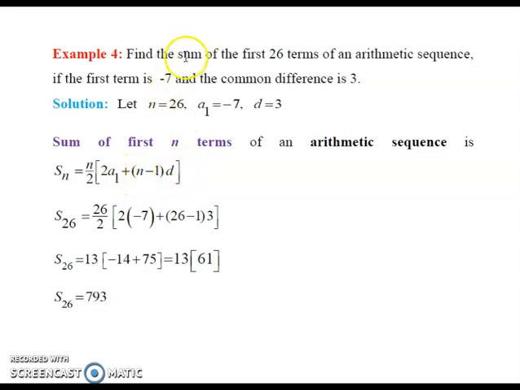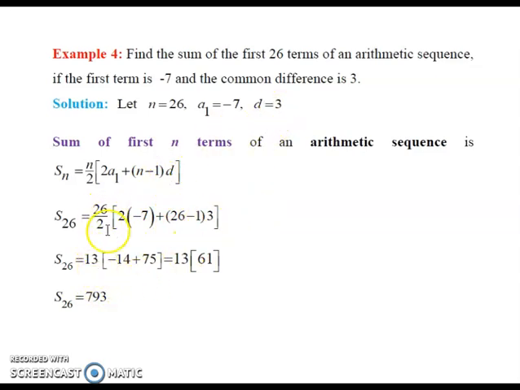We have to find the sum of the first 26 terms of an arithmetic sequence. So substitute n equal to 26 in this equation. S26 is equal to 26 divided by 2 multiplied by 2 multiplied by the first term minus 7 plus 26 minus 1 multiplied by common difference 3.